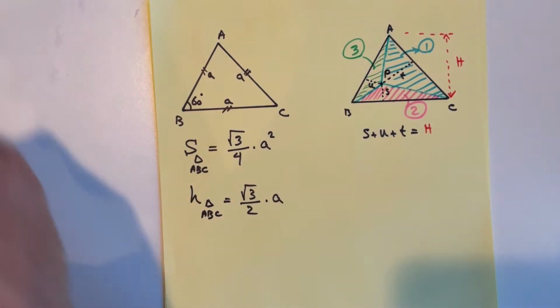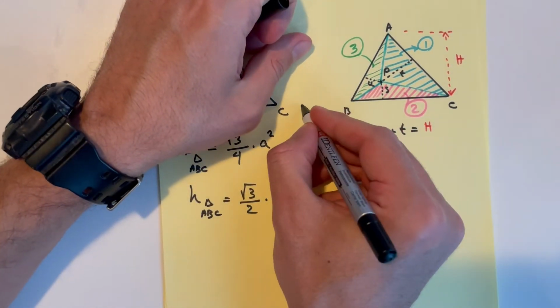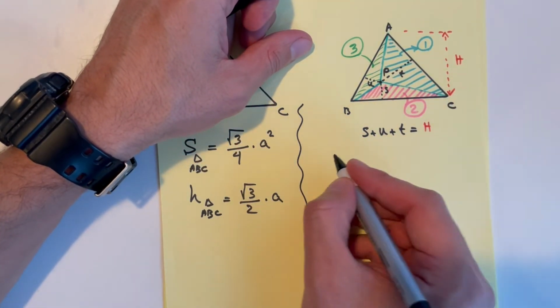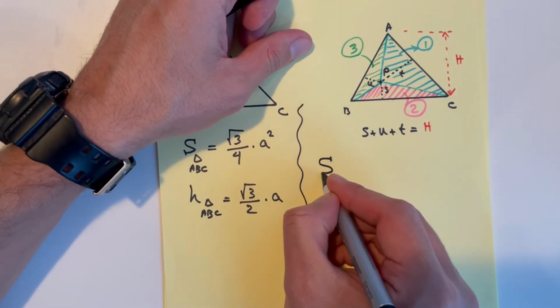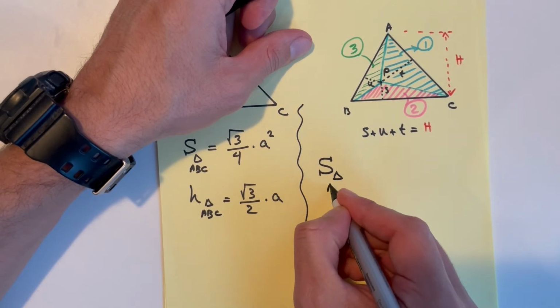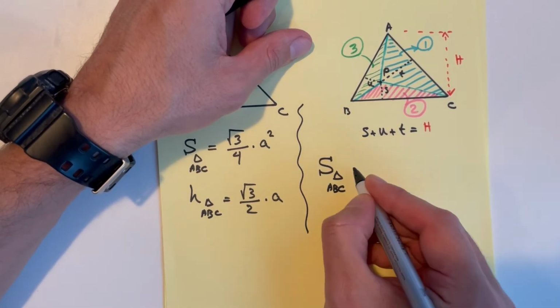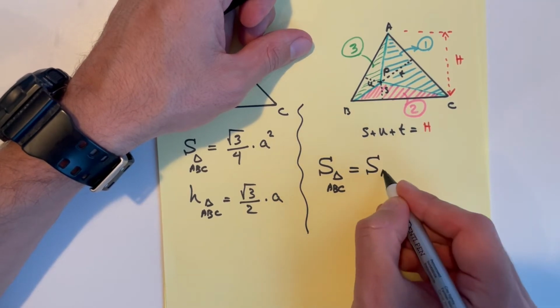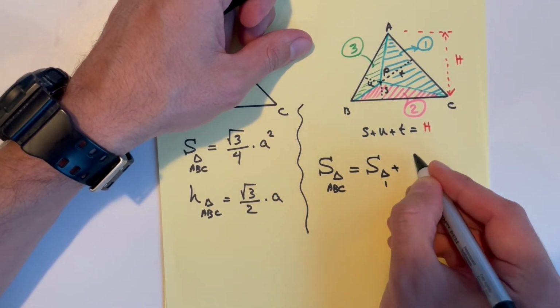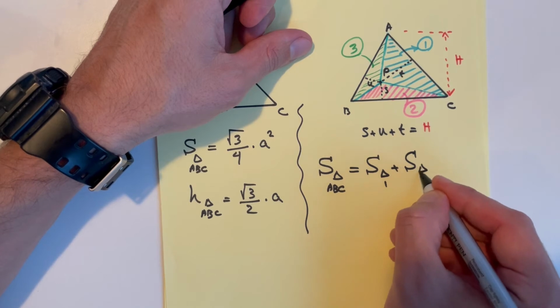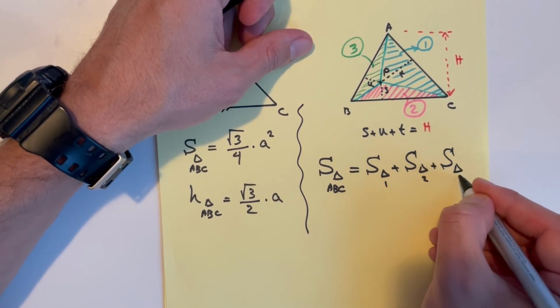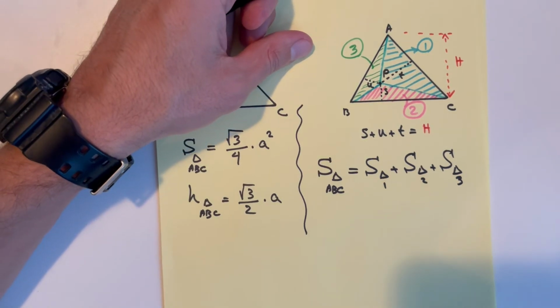As you can see, we can easily write that the area of triangle ABC, which I'm going to call S, should be equal to the area of triangle number 1 plus the area of triangle number 2 plus the area of triangle number 3, right?